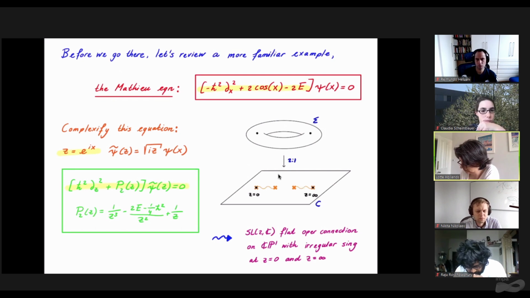So in other words, this will define a flat connection on the complex sphere with irregular singularities at C is equal to 0 and C is equal to infinity.